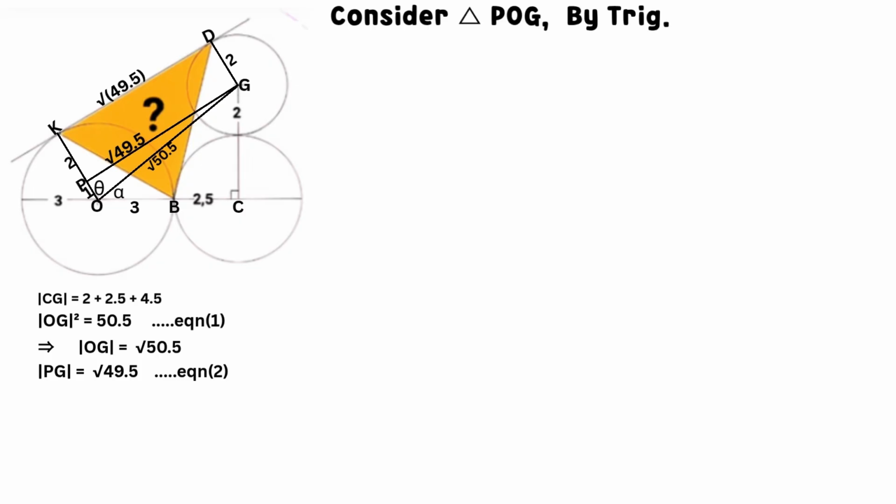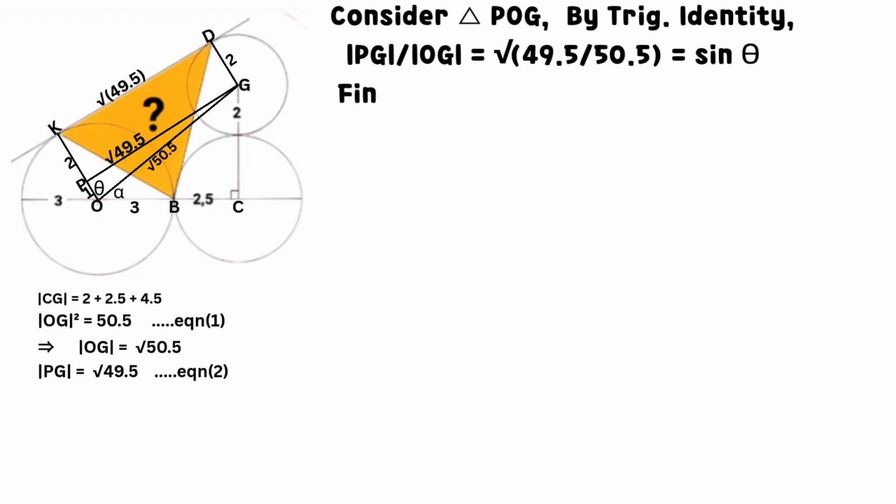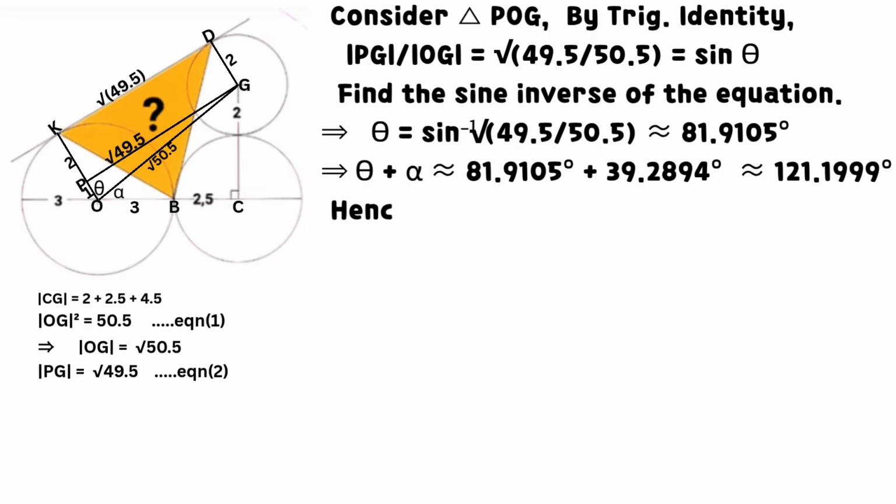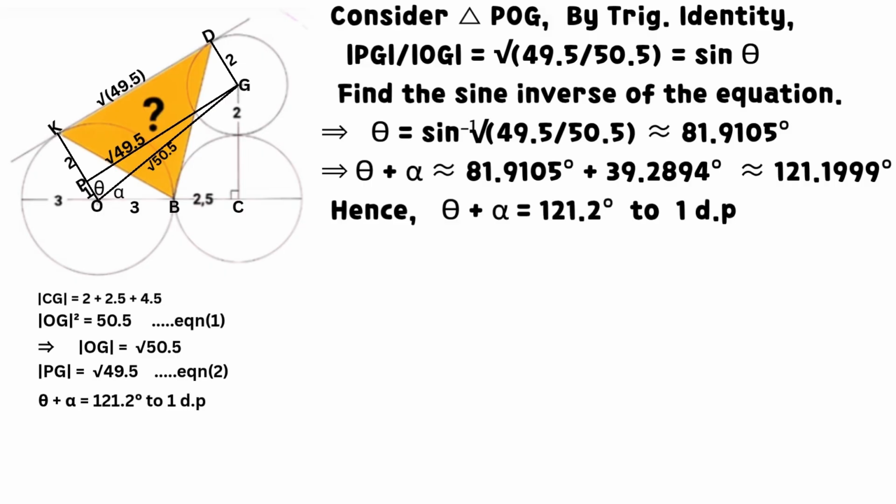Consider triangle POG. By trigonometric identity, PG divided by OG equals the square root of 49.5 divided by the square root of 50.5, which equals sine alpha. Find the sine inverse of the equation. This implies that alpha equals sine inverse of the square root of 49.5 divided by the square root of 50.5, which approximately equals 81.9105 degrees.